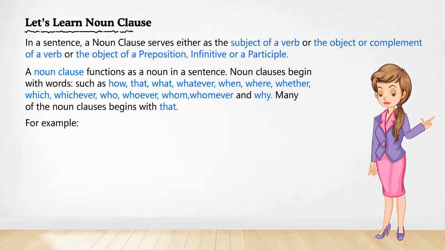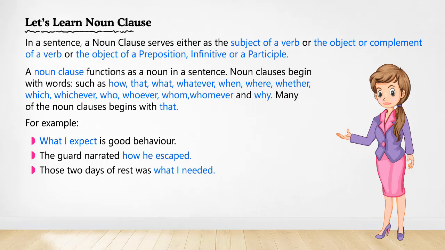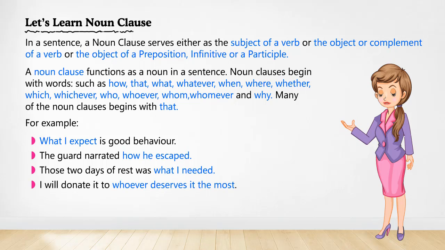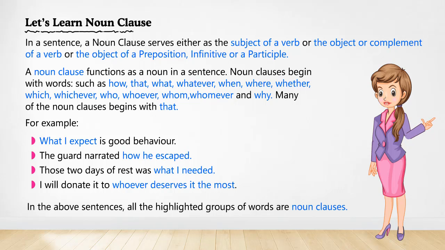For example, what I expect is good behavior. The guard narrated how he escaped. Those 2 days of rest was what I needed. I will donate it to whoever deserves it the most. In the above sentences, all the highlighted groups of words are noun clauses.